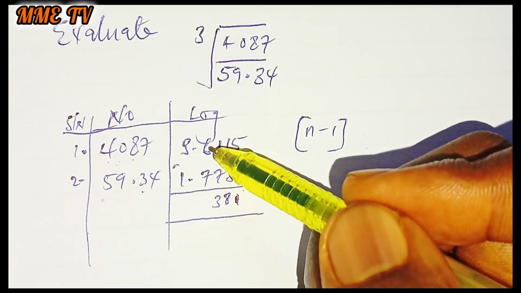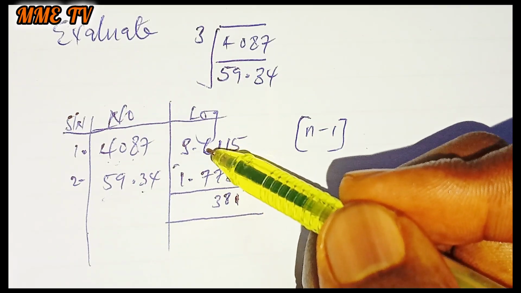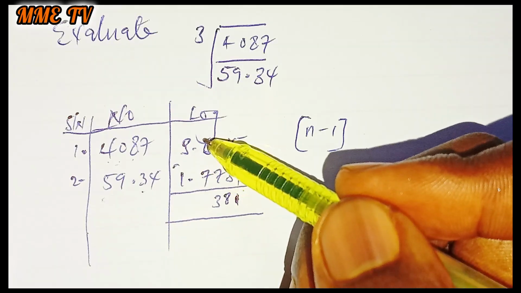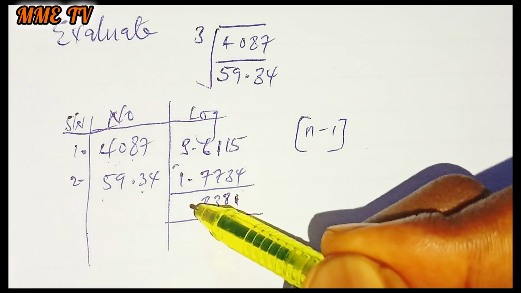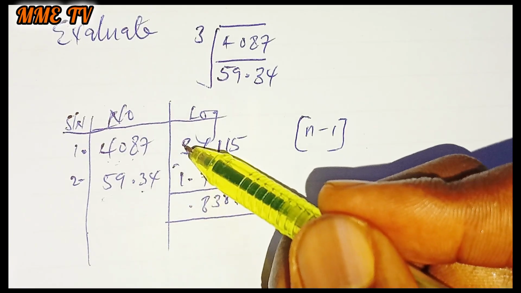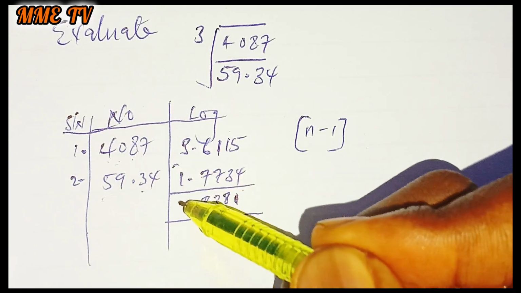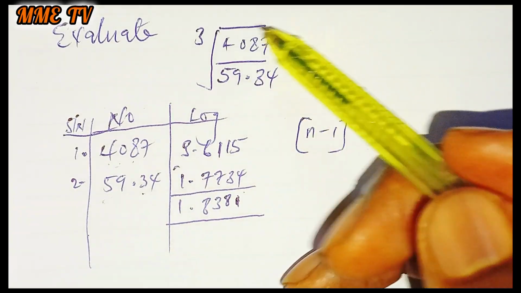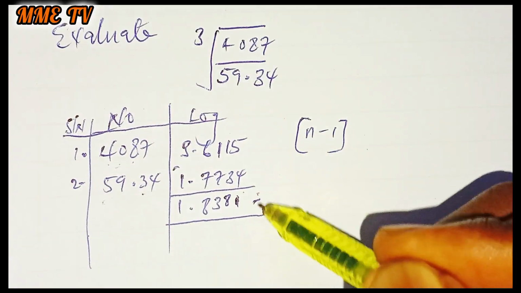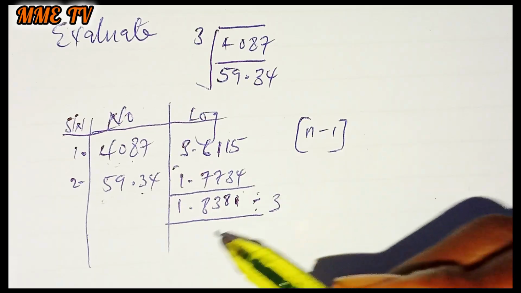Right here I'm having 6, remaining 5 now. If I take 1 from here to here, it's going to remain 15. 15 minus this is 8. Then now it's 2 left, so 2 minus 1 is going to be 1.